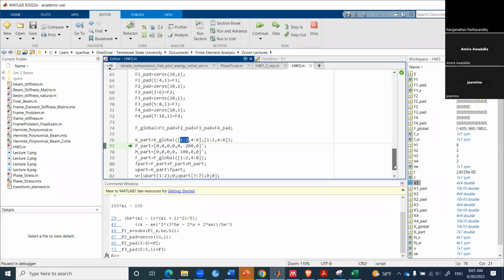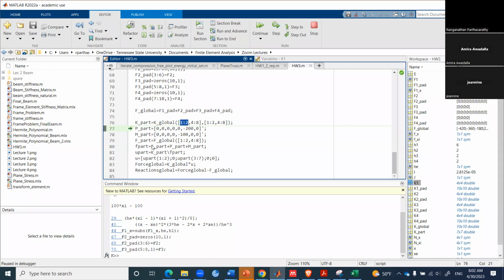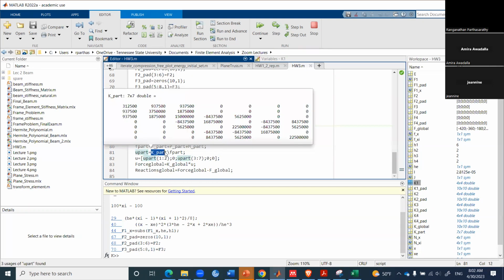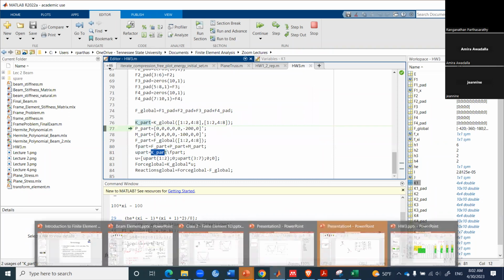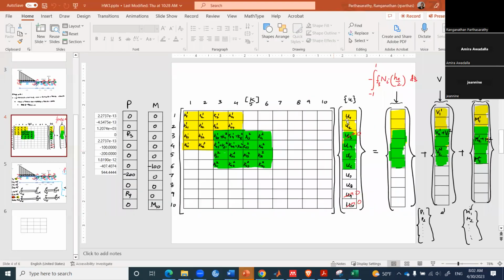Then make a small F part in which you add the distributed load, then you add the concentrated forces and concentrated moment. And then you find your displacements as inverse of K times F, right? So those will give your unknown displacements U1, U2, U4, U5, U6, U7, U8.